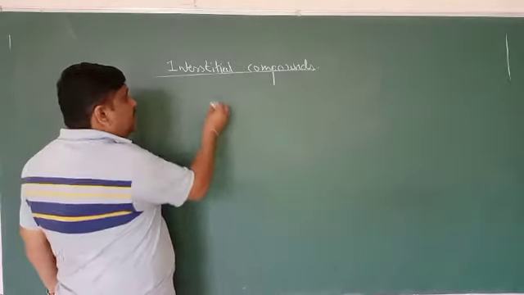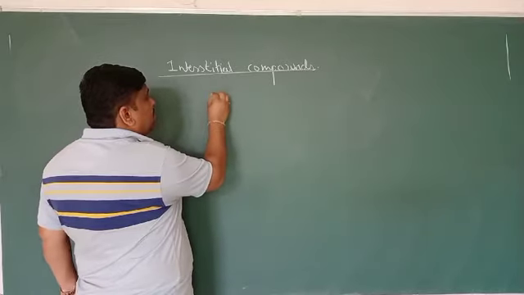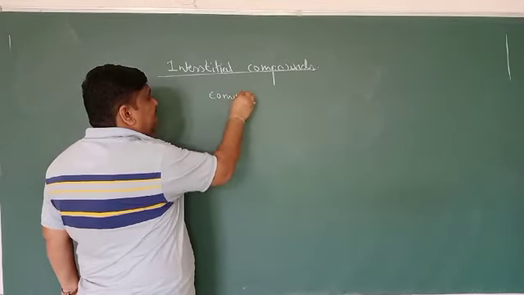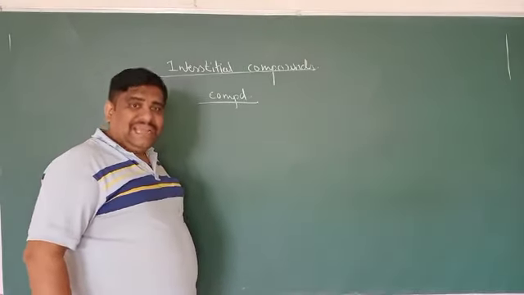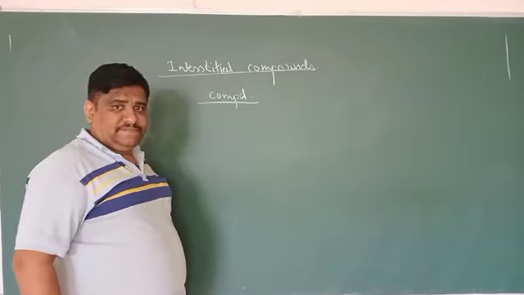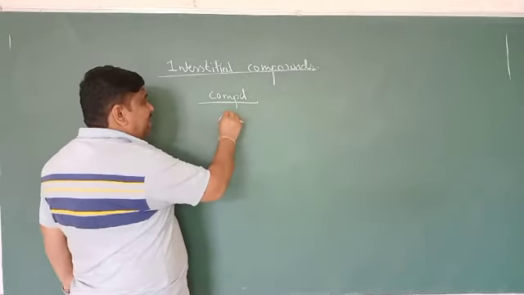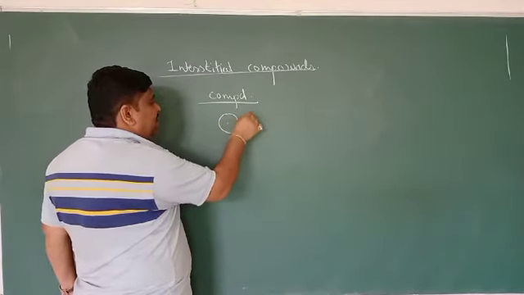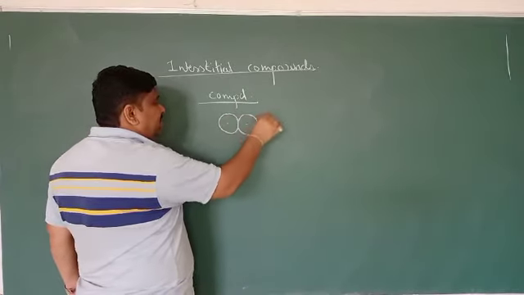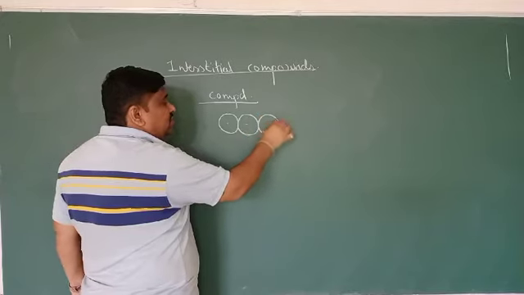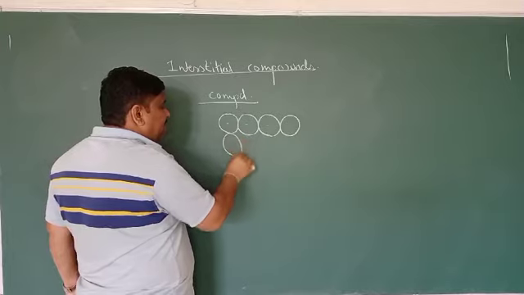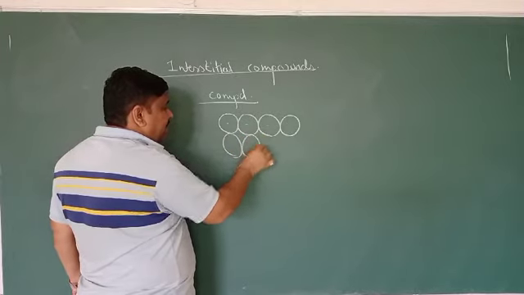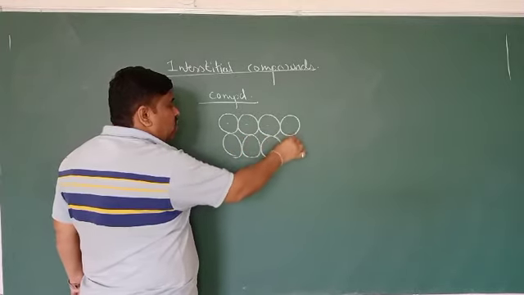In a compound there is an arrangement of lattice points or atoms. Consider that you have the atoms here. In the topic of solids, we discussed the arrangement of lattice points and the arrangement of atoms or molecules.